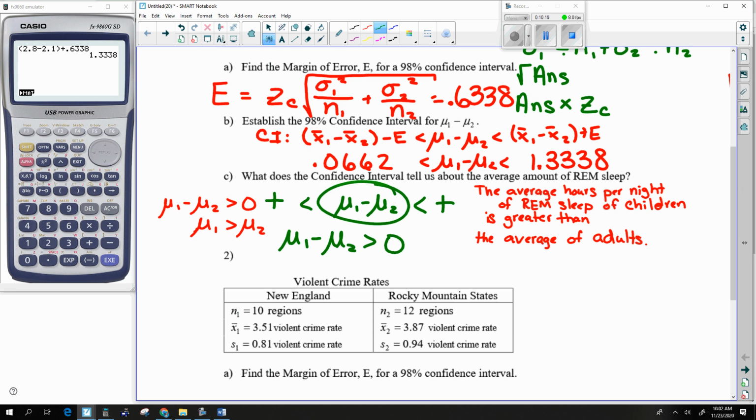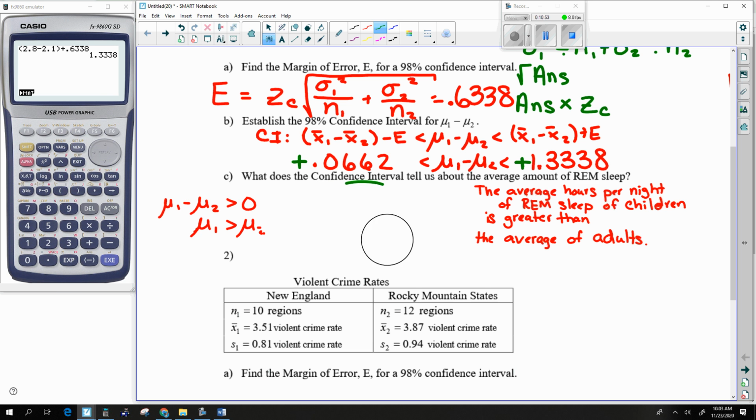Looking at my confidence interval, that's what I notice: the low side is positive, and the high side is positive. I'm not really interested in what those numbers are, just what the sign of those numbers is. If my middle bit is in between two positive numbers, then it's positive. If it's in between two negative numbers, it's negative. And if one is negative and the other one is positive, then we don't know.